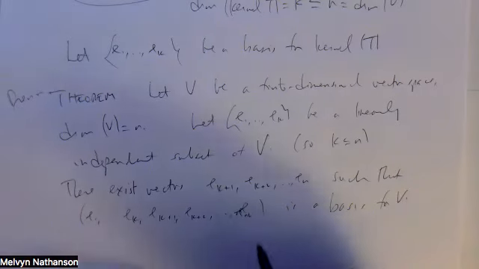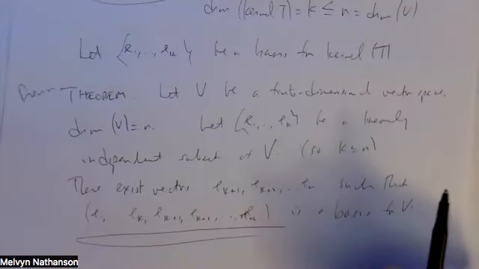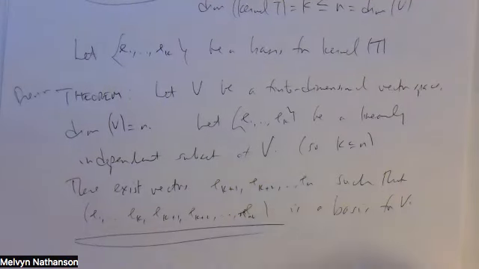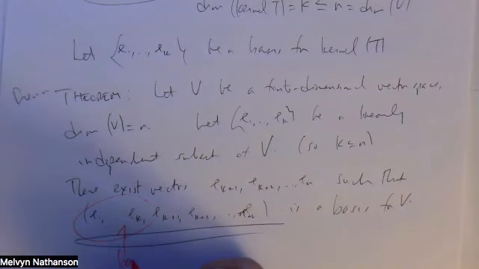So let's apply that in this case. So this is a basis for the vector space V, and the first k vectors are a basis for the kernel of T.